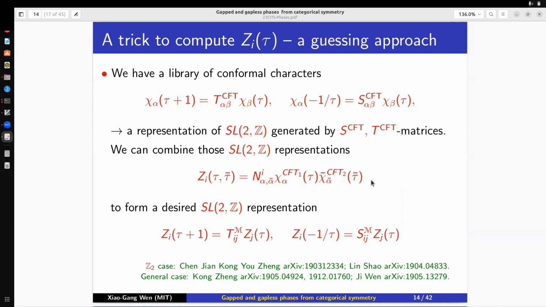Are you assuming that you know the fusion algebras of these individual symmetries? No, we don't. This is a nice thing. We only need to know their SL2Z transformation, the S and T matrices. So these programs are built upon this modular transformation.